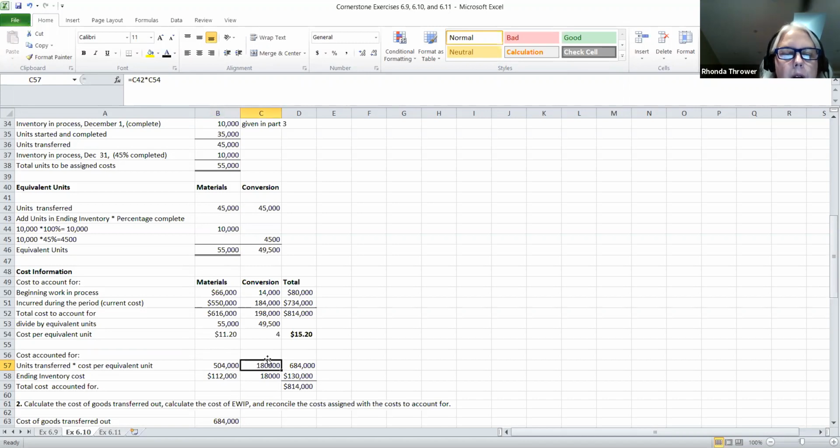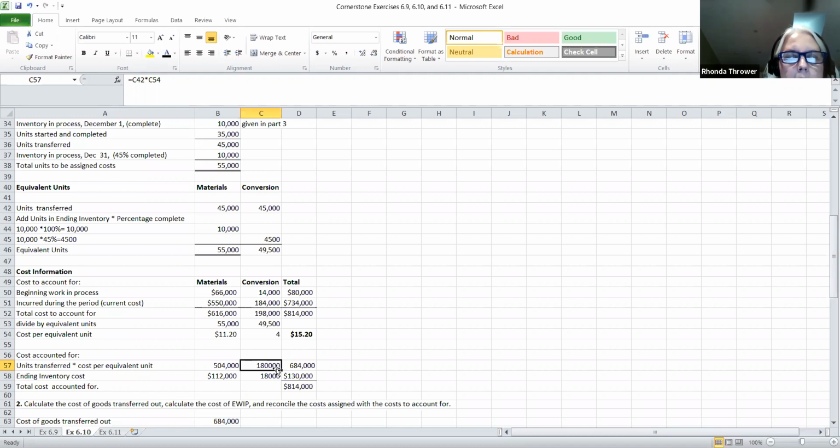The units transferred for conversion were also 45,000 units. So 45,000 units times the conversion cost per unit, which is $4, is what will give you the cost of the conversion cost for the units that were transferred.